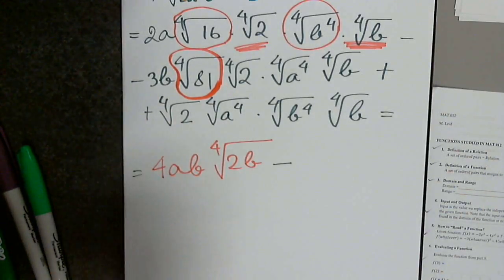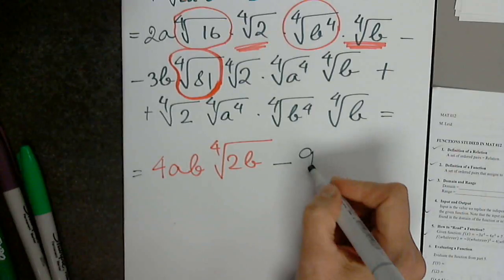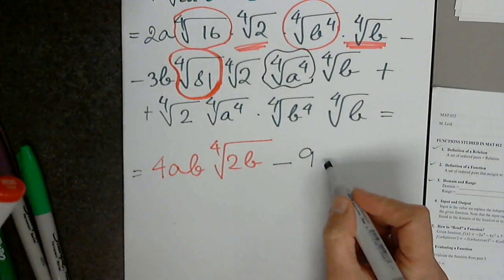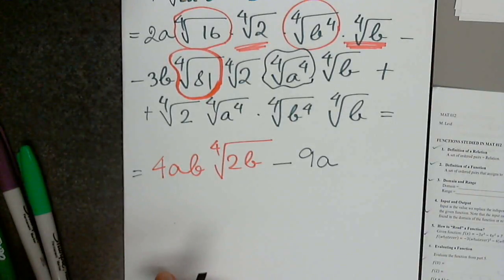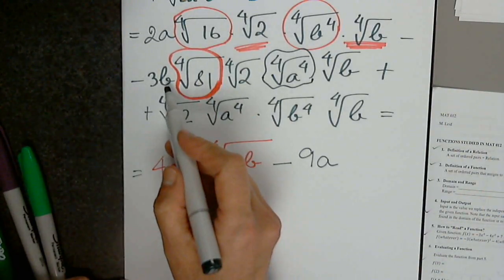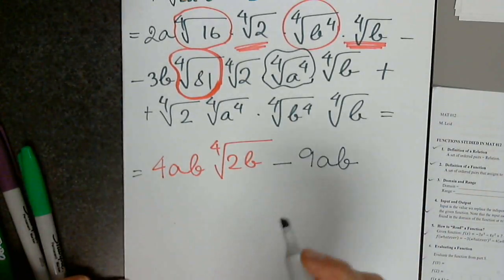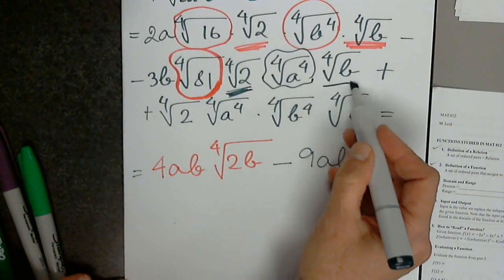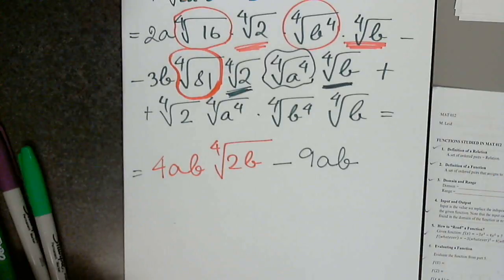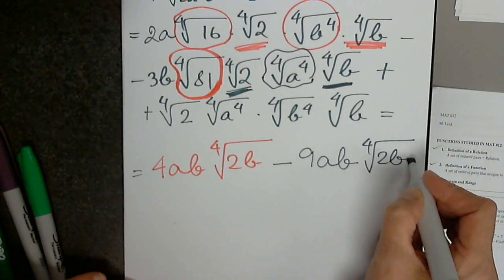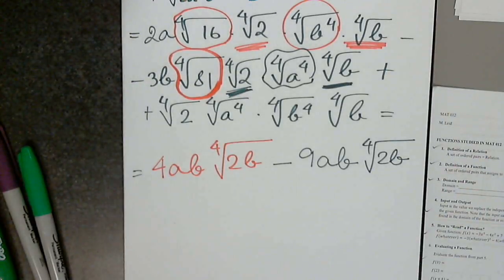Negative 9. Very good. So I have negative 9. Then this has to come out. So it's negative 9a. There is a b in front, which I cannot forget about. And there are two pieces that have to go back to under a radical. So this is the fourth root of 2b. Do we agree with the second one? The simplified form of the second one.